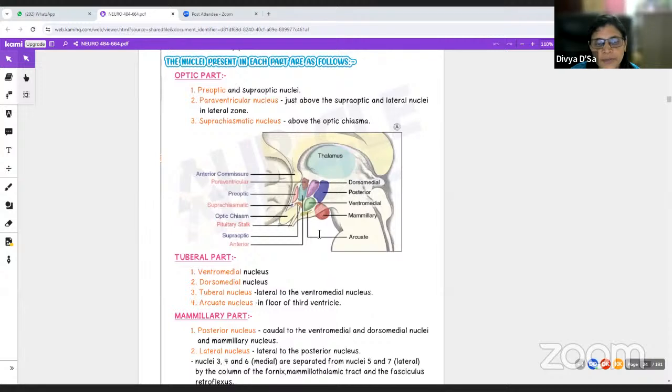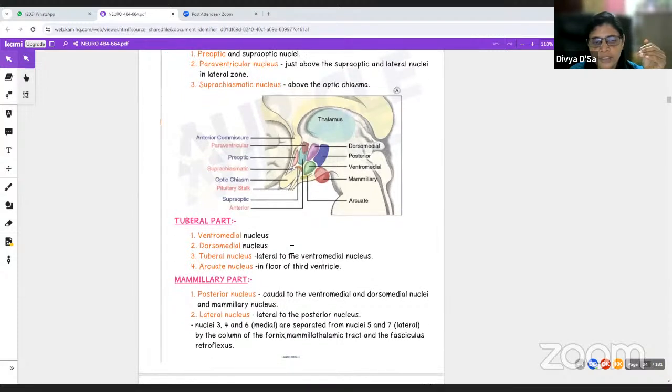The tuberal part has the ventromedial nucleus, dorsomedial nucleus, tuberal nucleus, and arcuate nucleus in the floor of the third ventricle. The mammillary part has the posterior and lateral nuclei. The posterior nucleus is situated caudal to the ventromedial and dorsomedial nuclei, along with the mammillary nucleus. The lateral nucleus is situated lateral to the posterior nucleus.